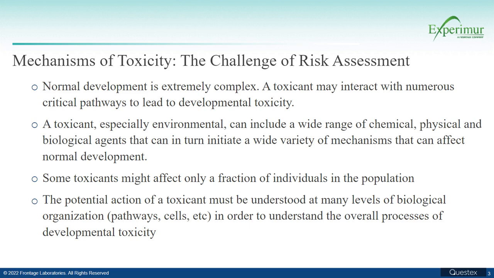So this could be related to genetic differences and, of course, differences in health history. So diseases, nutrition, other exposures, and other propensities. So the potential action of a toxicant has to be understood at a lot of different levels of biological organization. So not just at the cellular level, but also across different pathways. And in this way, we can start to understand the overall process of developmental toxicity.